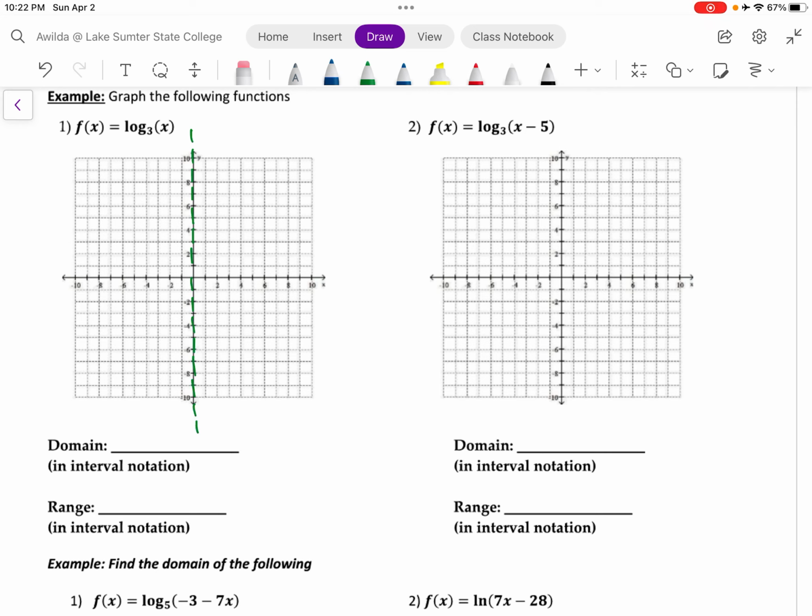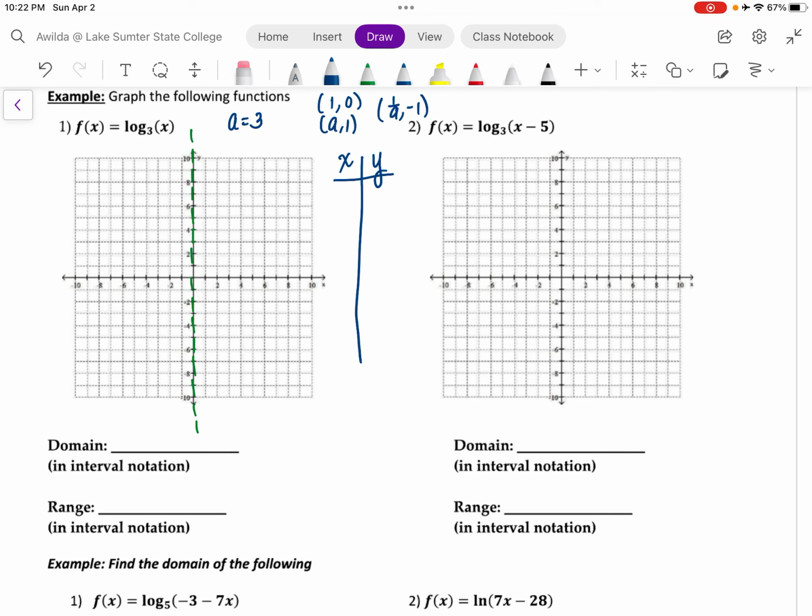Then we have 3 guiding points that we know are part of the graph. Here, our base a is 3. So we have 3 guiding points: (1, 0), (a, 1), and (1/a, -1).